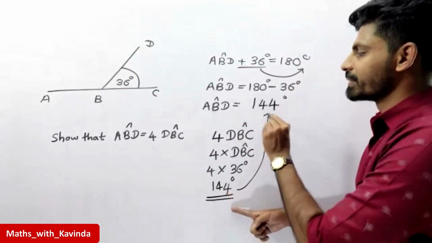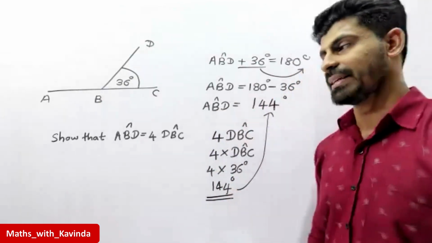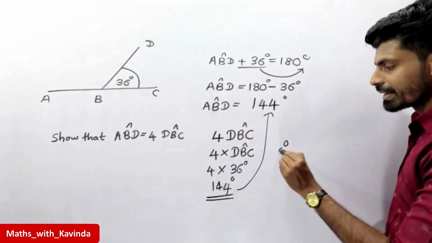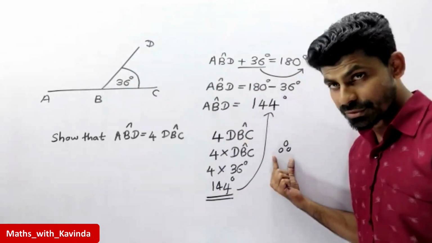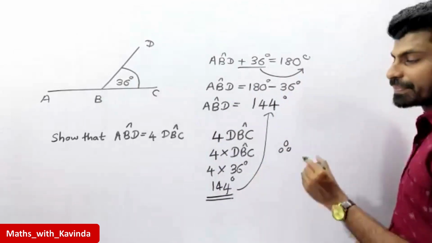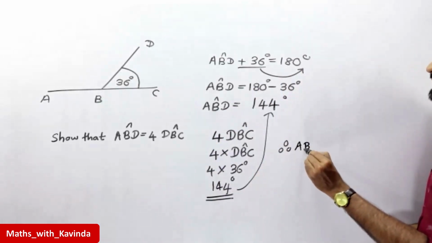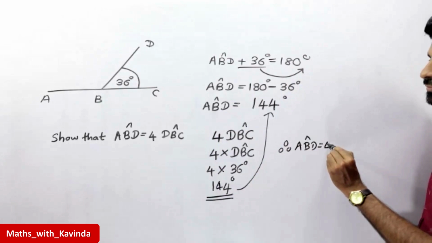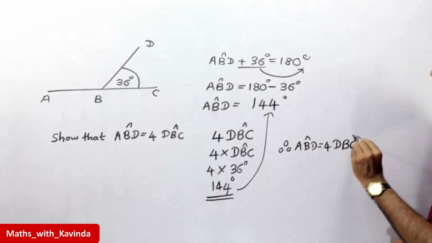So that is 144, which equals ABD. So therefore, we can write down therefore, ABD equals 4 times DBC.